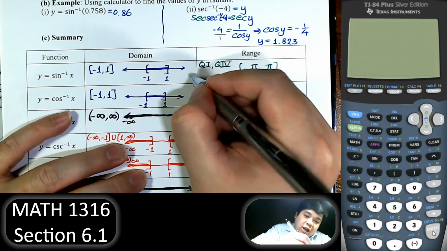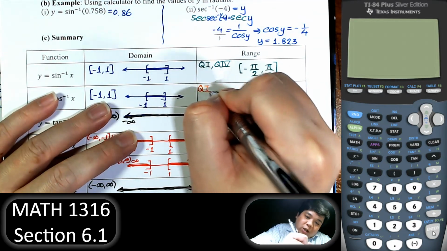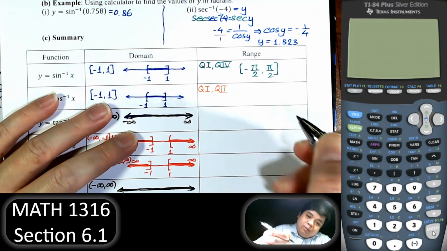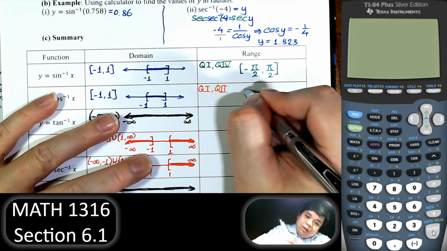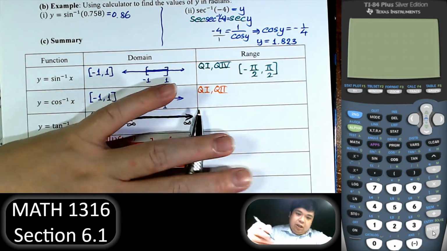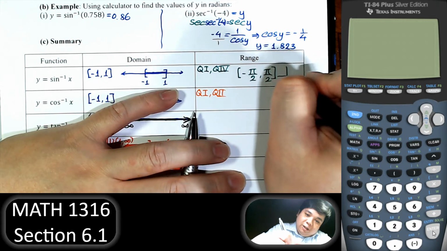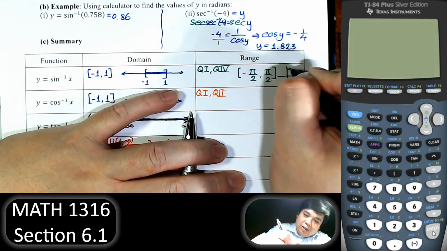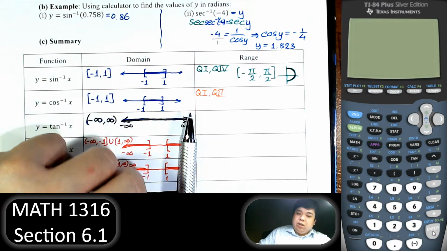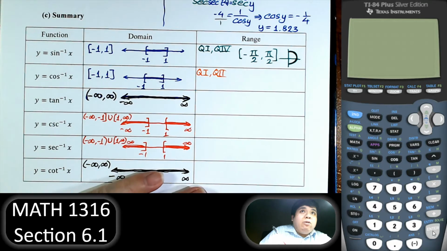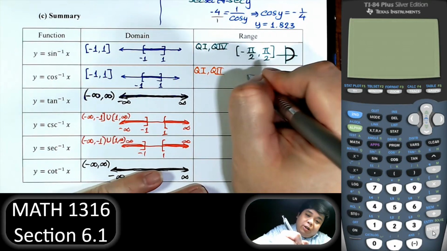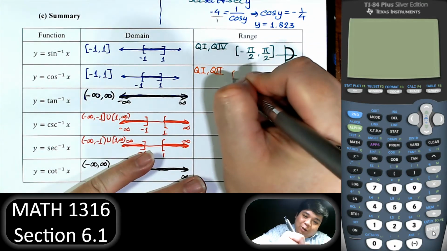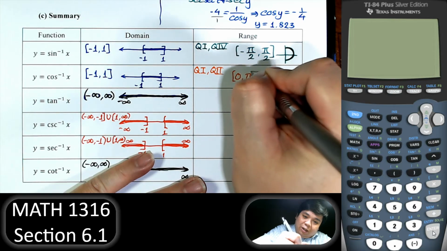And then for cosine inverse, quadrant 1 and quadrant 2. If we draw that, it will be from 0 to pi.